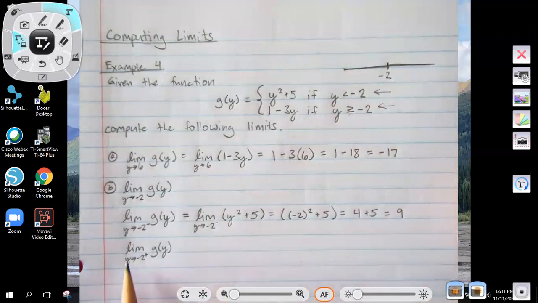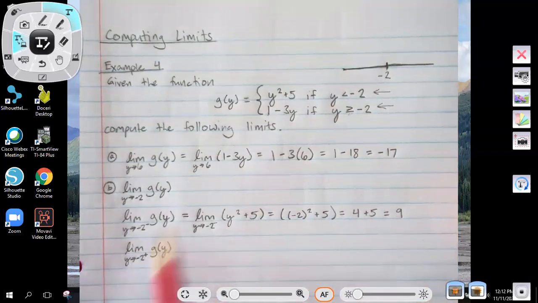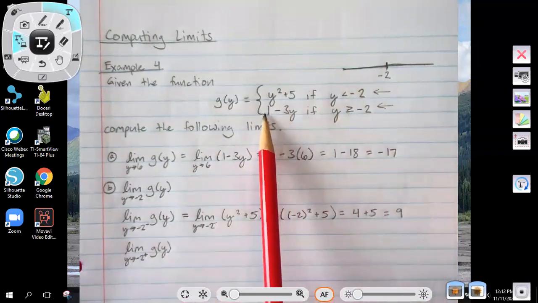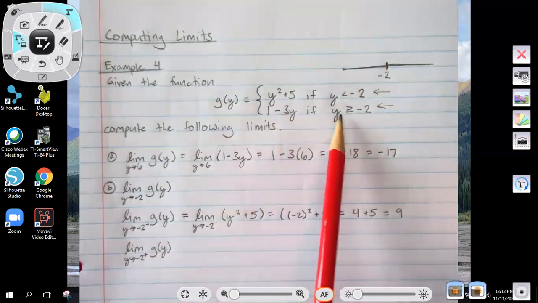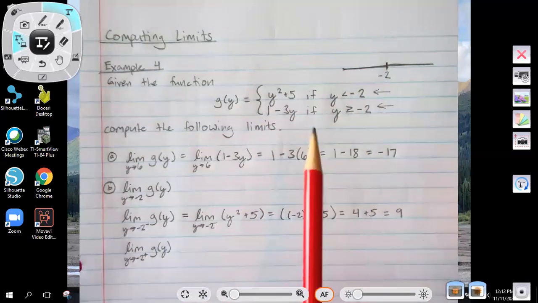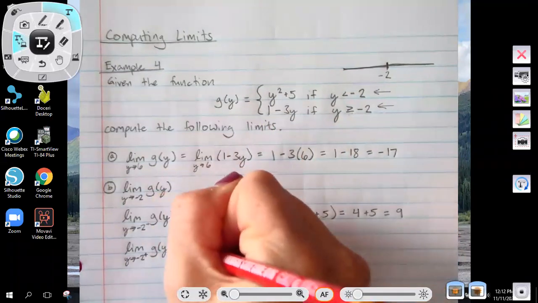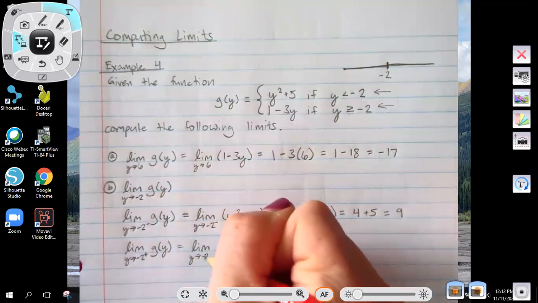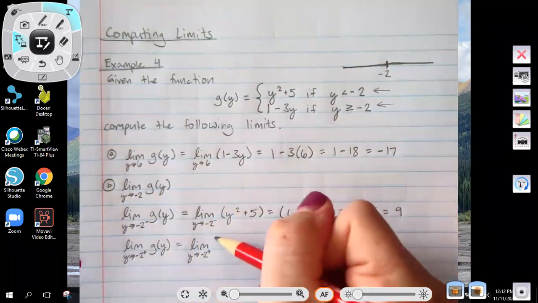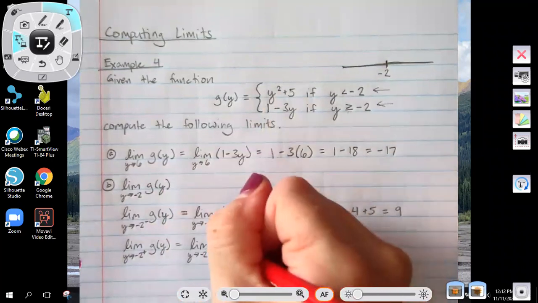Okay, let's take a look at the right-handed limit. The limit as y approaches negative 2 from the right of g of y. This is going to use the bottom line of our function because we're looking at numbers greater than or equal to negative 2. So the limit as y approaches negative 2 from the right of 1 minus 3y.